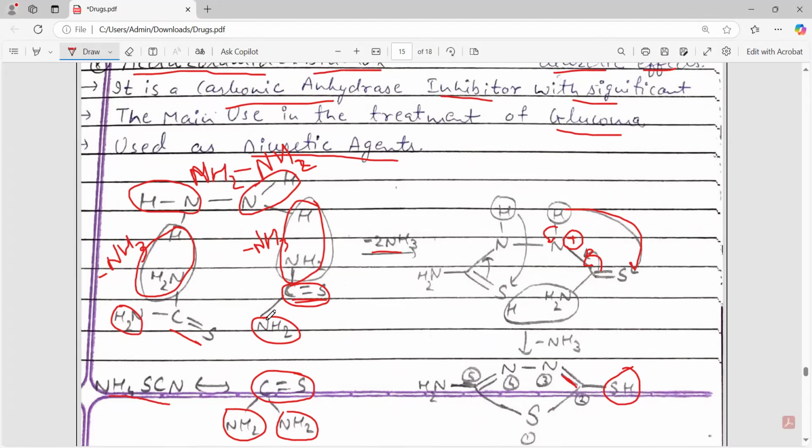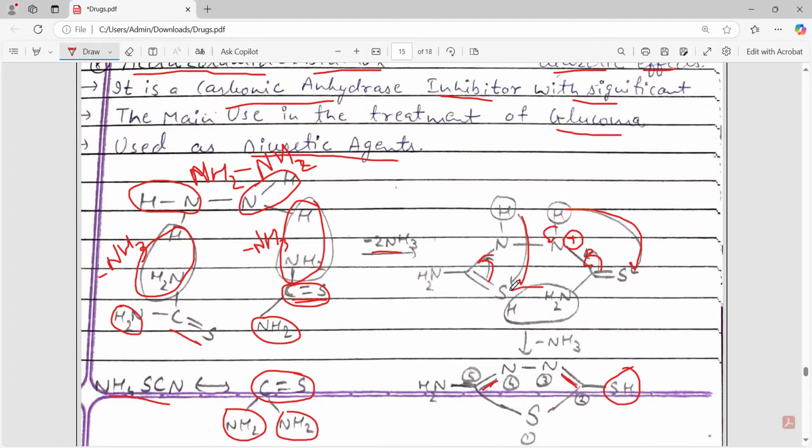In the same manner, on the other side, C double bond S will react and shift its electron to the carbon-nitrogen single bond and form a double bond like this, and this hydrogen is shifted to the sulfur atom, so SH and here NH2.